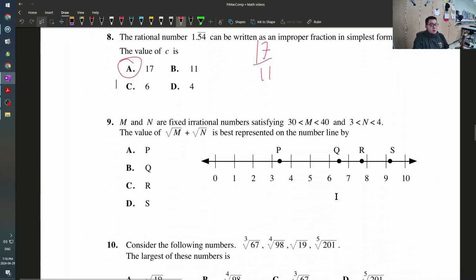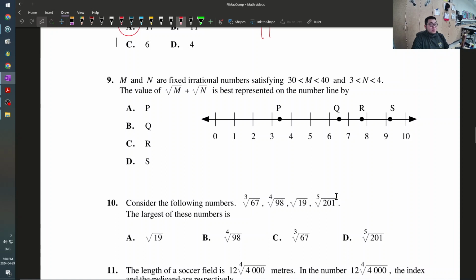9. M and N are fixed rational numbers satisfying M is between 30 and 40 and N is between 3 and 4. The value of square root of M plus square root of N must be represented in the line by. So what is the minimum of square root of M plus square root of N? Well, it is square root of 30 plus square root of 3, around 7.21. What is the maximum?